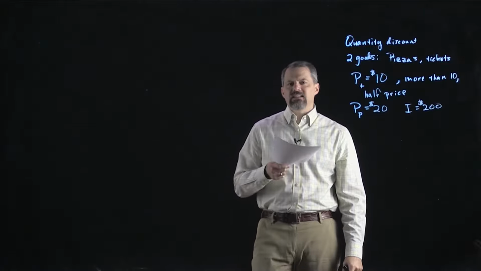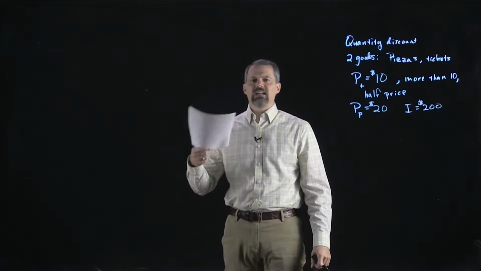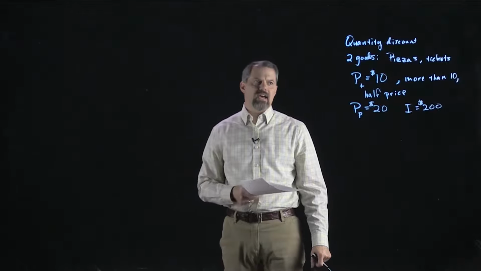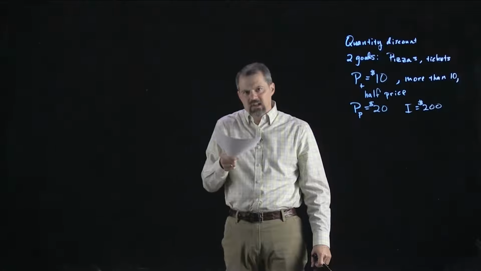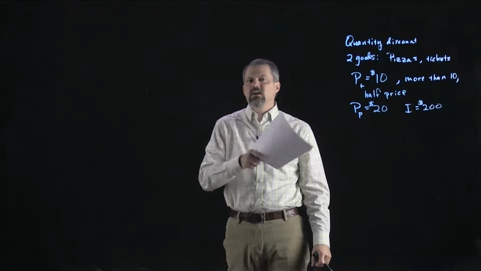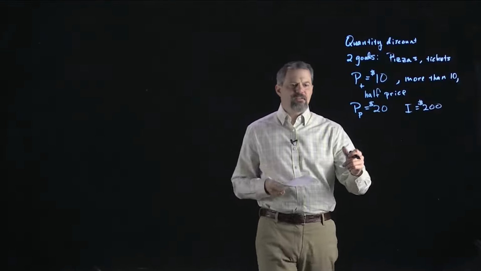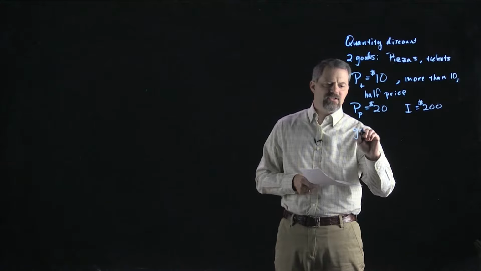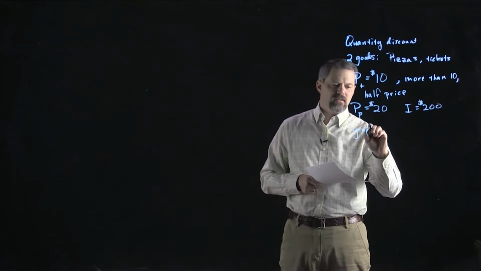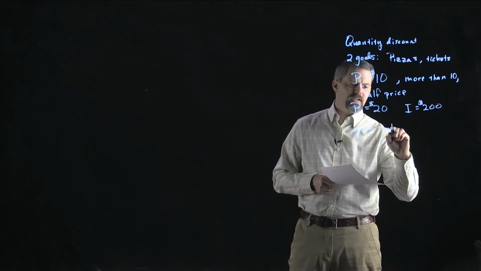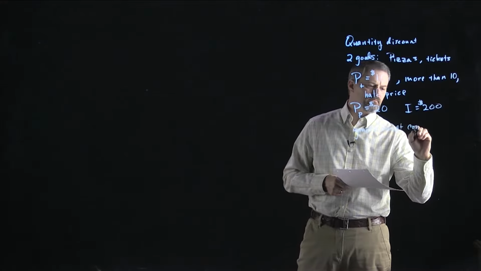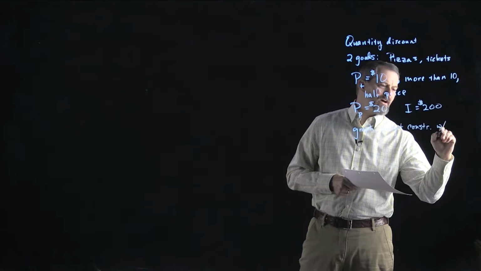The first 10 tickets cost you $10, but if you buy 11 or 12 or more than that, you get the additional ones, the 11th and the 12th and the 13th, for half price. You can buy those for $5. So the first step is graph the budget constraint without the discount.